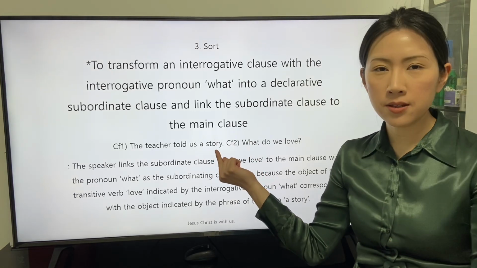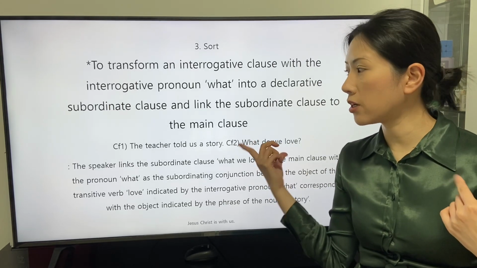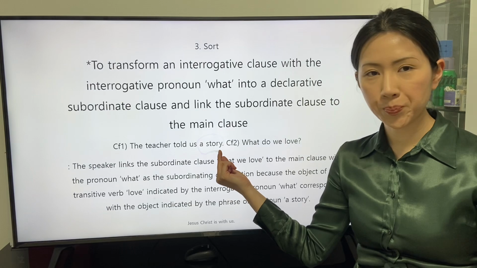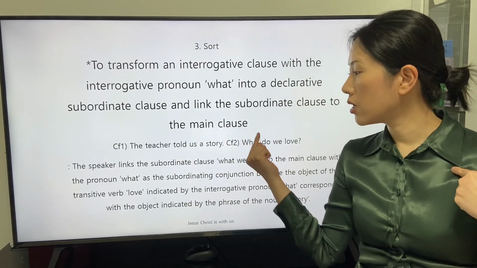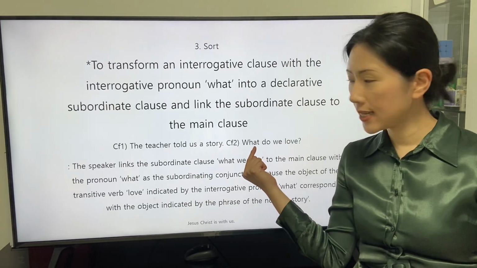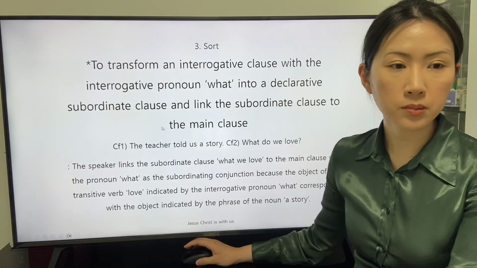We can understand that the speaker links the subordinate clause to the main clause because the speaker figures out the object indicated by the interrogative pronoun what occurs with the direct object of story.